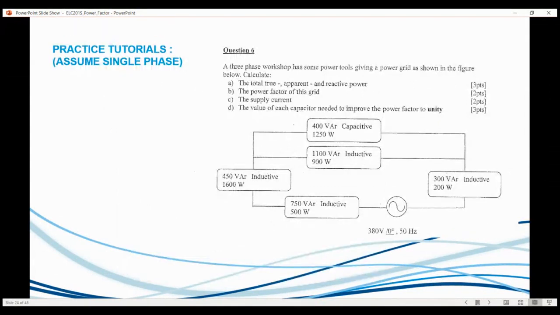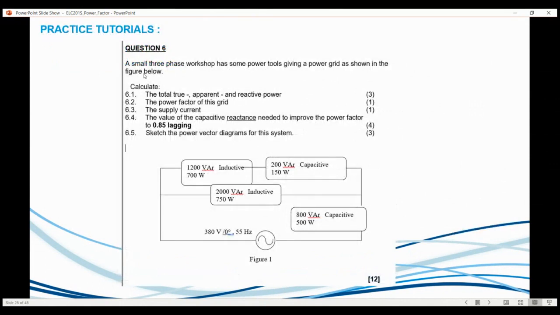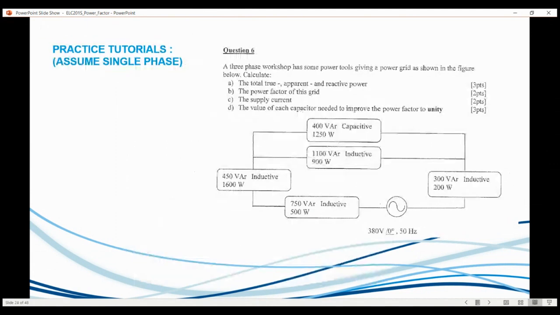You see here it says 3-phase, and that's a single phase. You can assume single phase first, and once you do 3-phase, you're able to tackle it very easily. 3-phase is not that different; you'll see once you do it. Let me not say too much, but just assume that it's single phase.